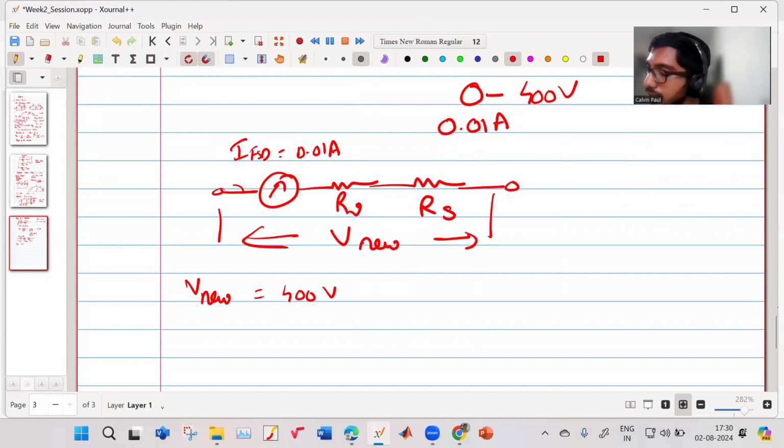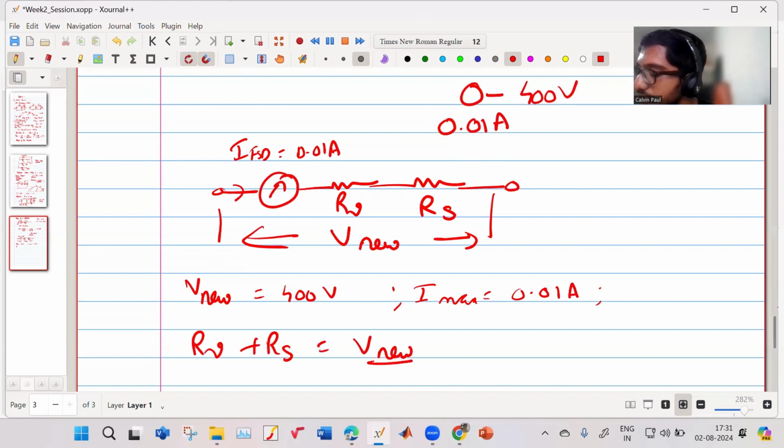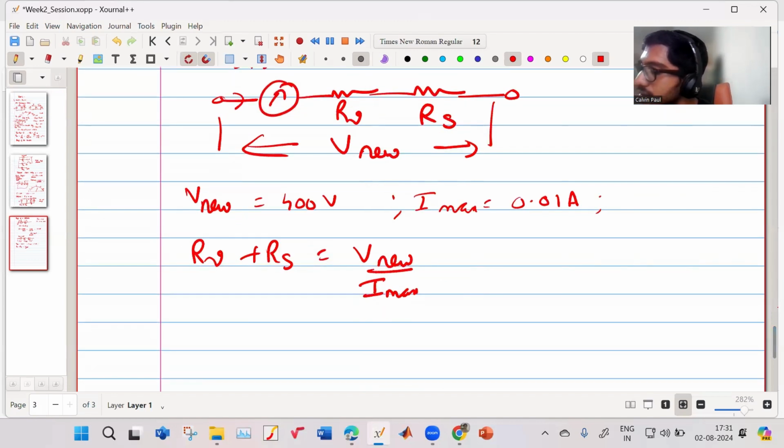We want my V new to be equal to 400 volt. And the current that can flow at max is still 0.01 ampere. That is why RV plus RS is equal to V new divided by I max. That is equal to 400 upon 0.01, which is equal to 40000 ohm. So how much is that in kilo ohm? Can anyone tell me?